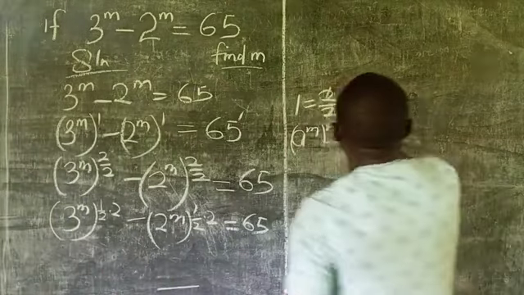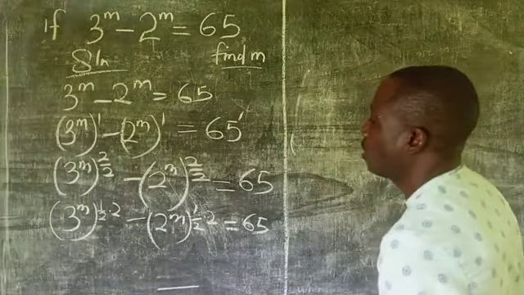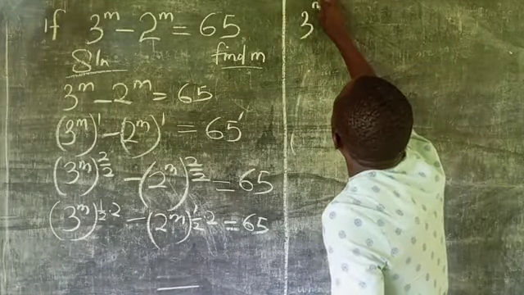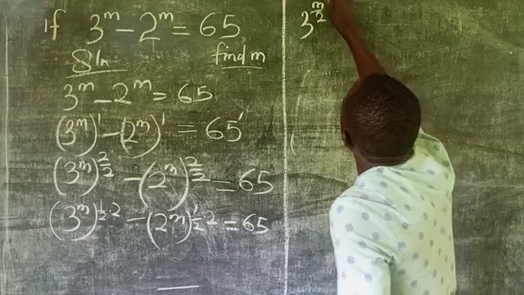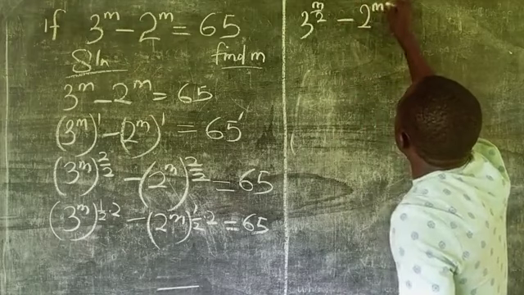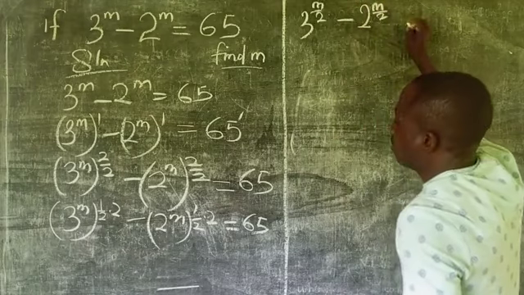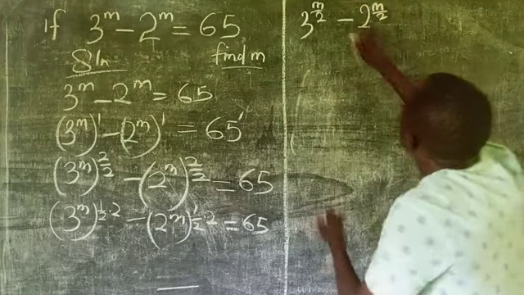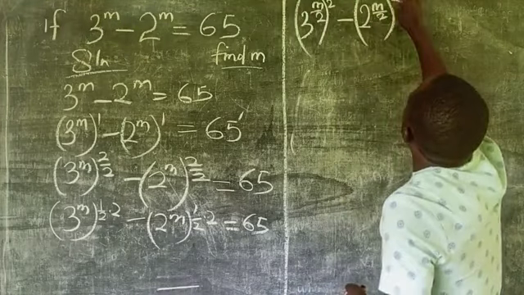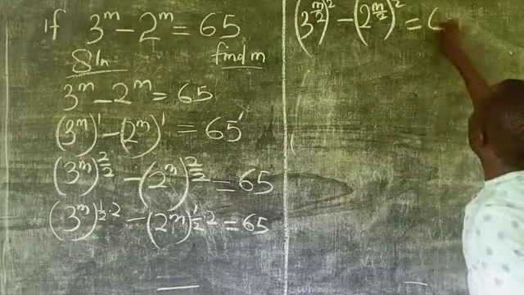Alright, so from there we can say 3 raised to power n over 2 minus 2 raised to power n over 2, of course, this is raised to power 2, we're forgetting that, equal to 65.